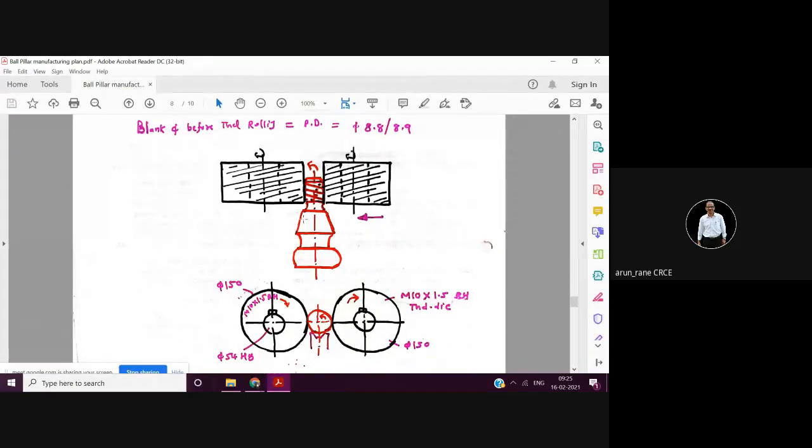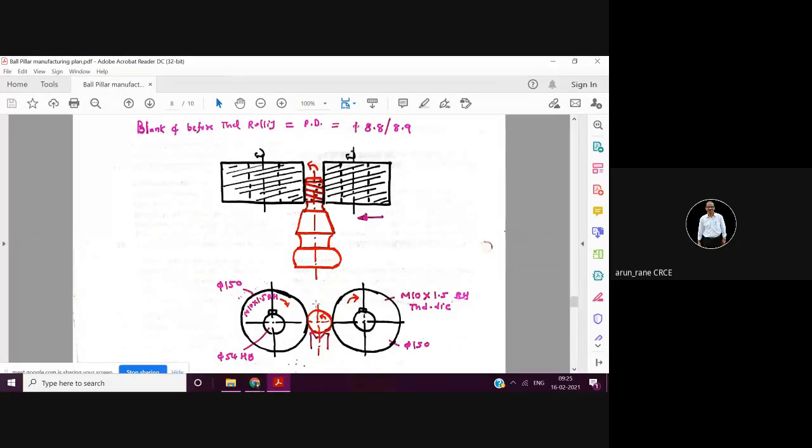So remember, when you are doing thread rolling, the outside diameter should be equal to the pitch diameter. You cannot keep 10 diameter, because when you are doing thread rolling, the size of the component increases.